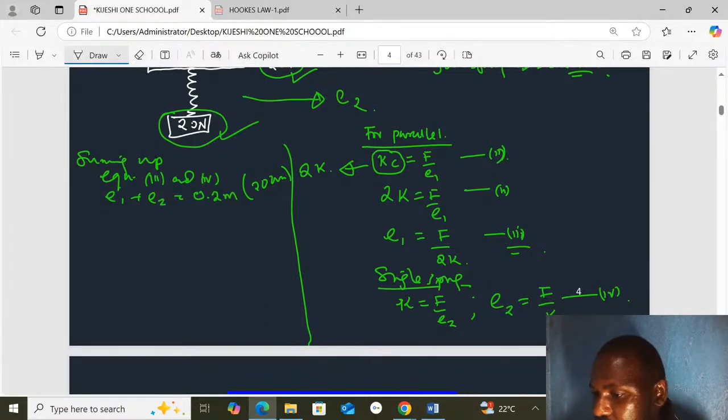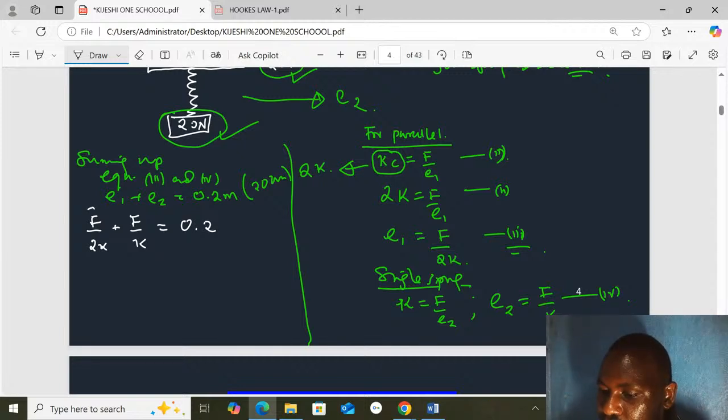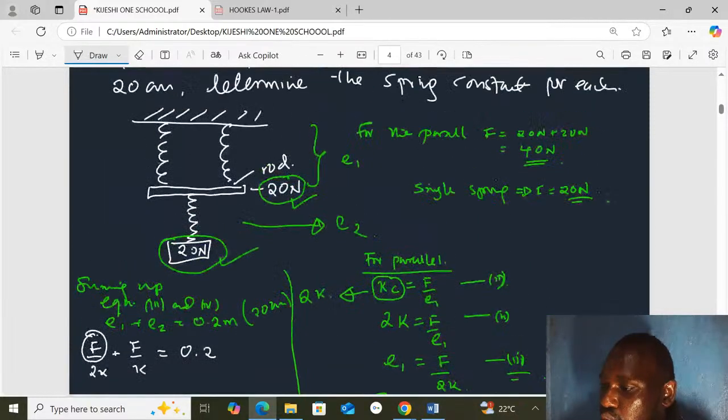And in this case, we'll say that F over 2K plus F over K is equal to 0.2. But now, the F for this, we said it will be 40.